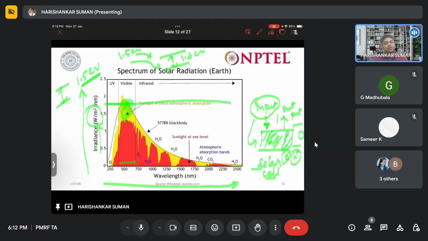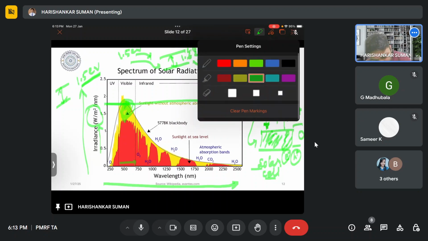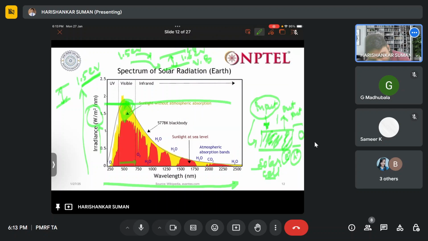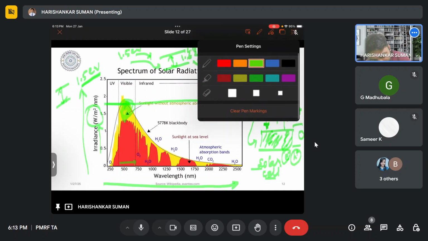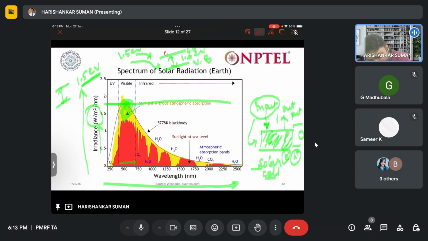What is the physics behind this? This is the valence band. Let's say this is the conduction band. This is the conduction band. This is the valence band.